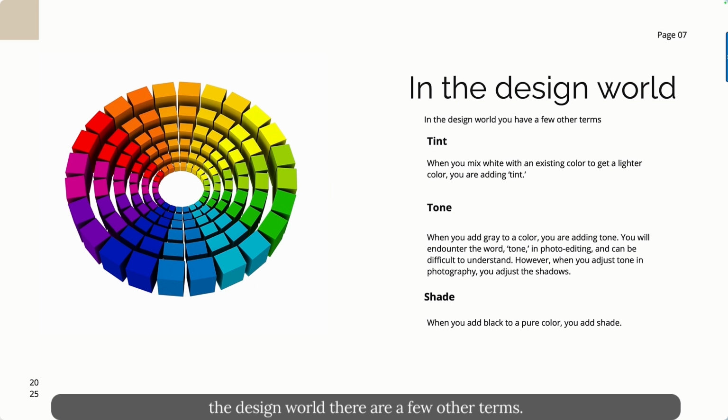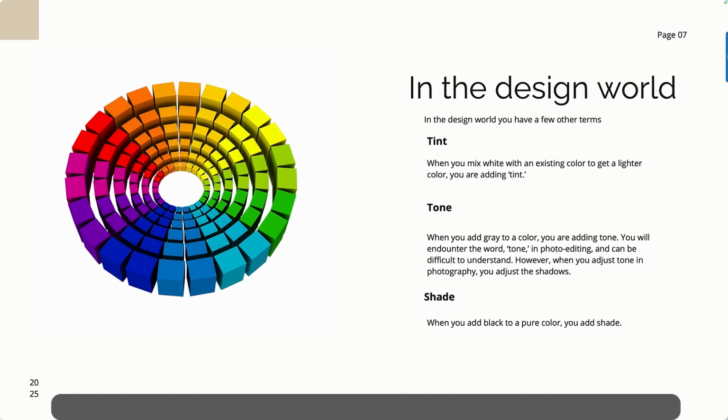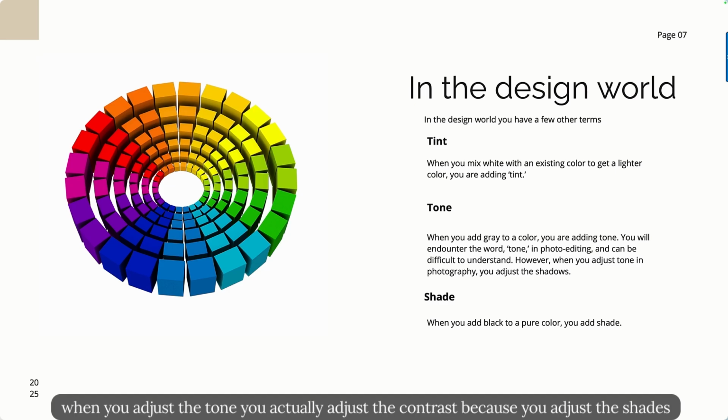In the design world, there are a few other terms. When you mix white with an existing color, you get a lighter shade of that color, and therefore you are adding tint. When you add gray to a color, you get tones. And in the world of photo editing, you will hear the word tone, which may be difficult to understand, but when you adjust the tone, you actually adjust the contrast because you adjust the shades of gray.